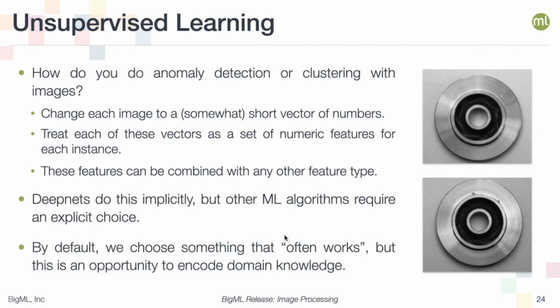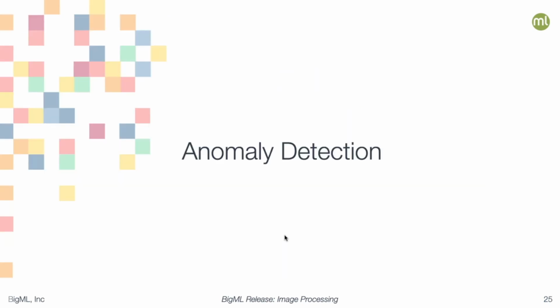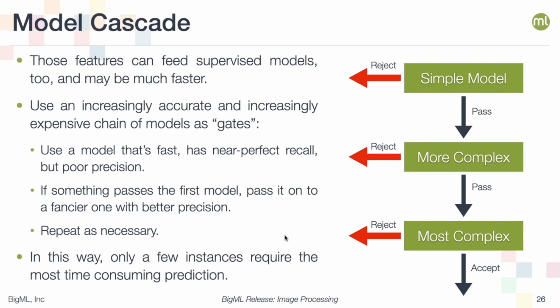As I say, if you have a problem that cannot be solved by a CNN, that's not just a vanilla classification problem or regression problem, you need to extract features from the image in order to use one of the more traditional machine learning algorithms. And so we give you an avenue to do that. But this is also useful if you want to do a model cascade.